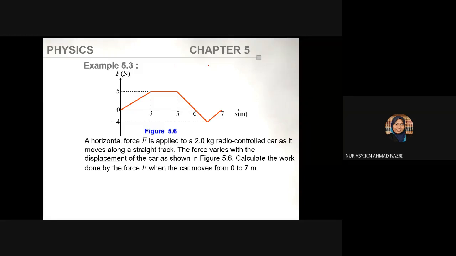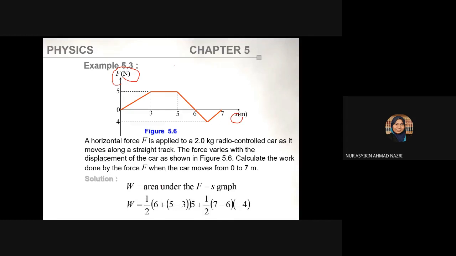Calculate the work done by the force F when the car moves from 0 to 7 meter. So this is the graph of F versus S. The force varies with the displacement of the car as shown in the figure.